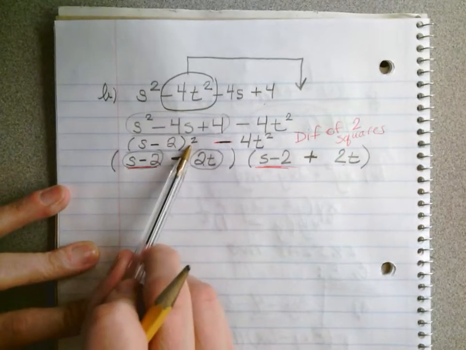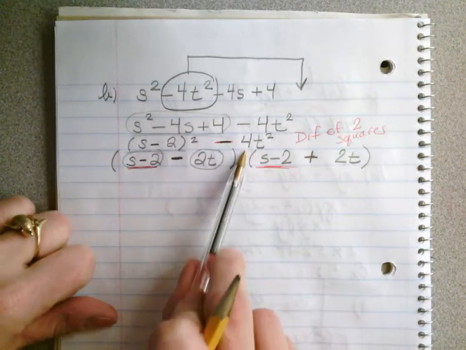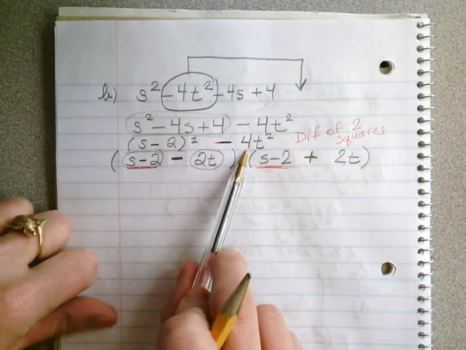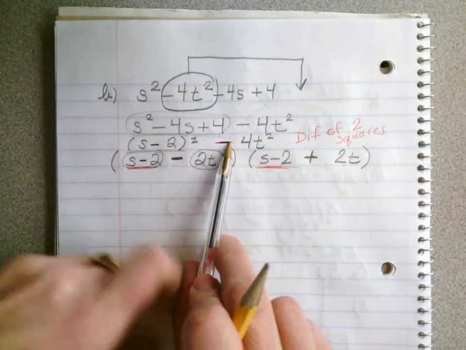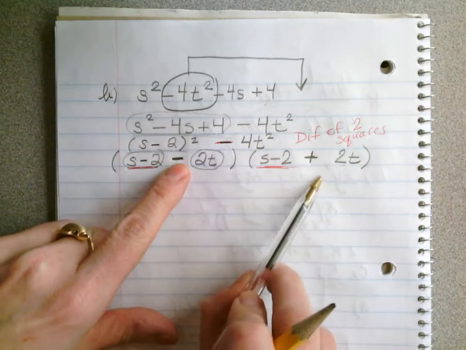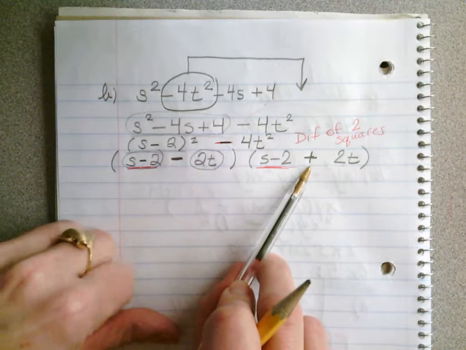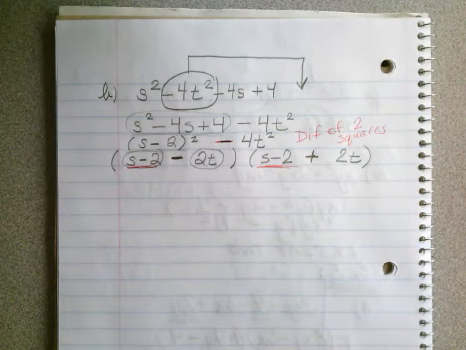S minus 2 squared has a square root of s minus 2. 4t squared has a square root of 2t. The difference of two perfect squares is factored by separating them by two different signs, plus and minus. Those are tough, I'm not gonna lie. If you don't recognize them right off the bat, that's okay. They are difficult.